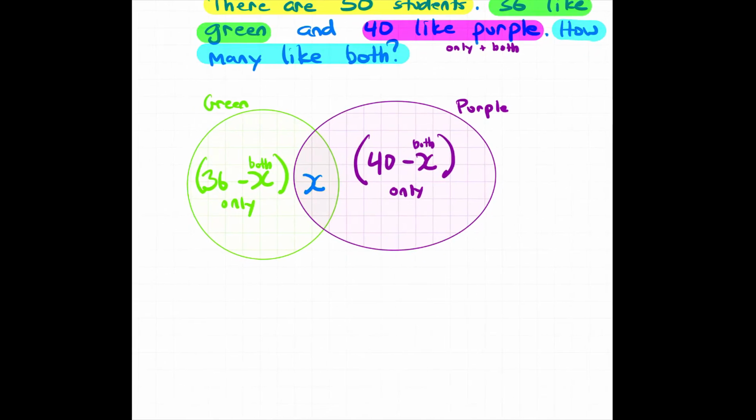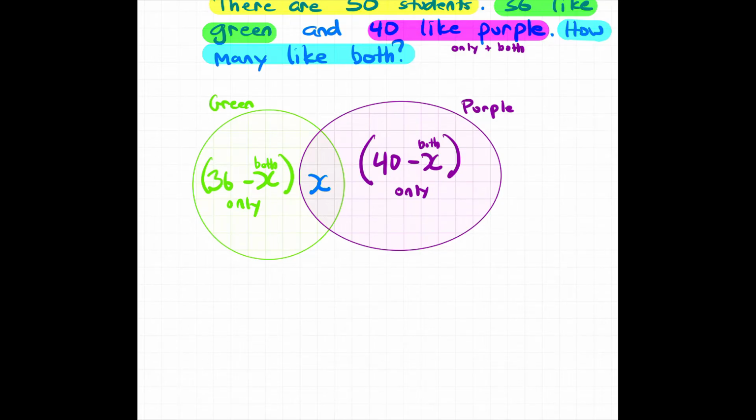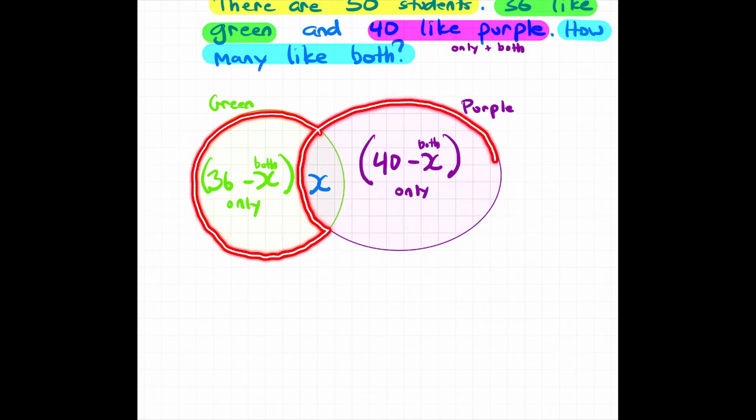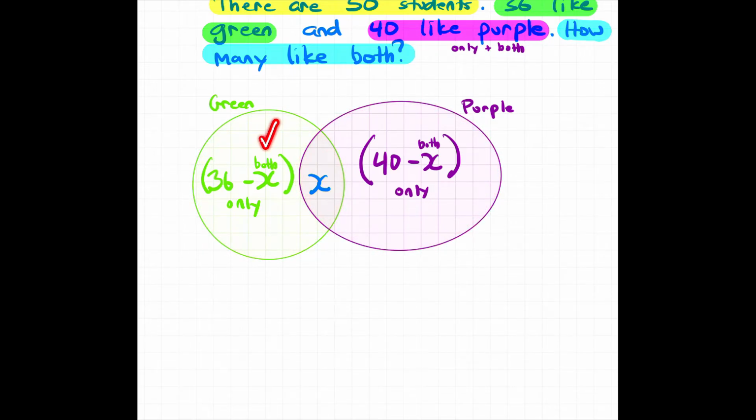So we know that the people that only like green plus the people that only like purple plus the both is going to be the total number of people. So that equals the total number of people. So this plus that equals the total number of people.